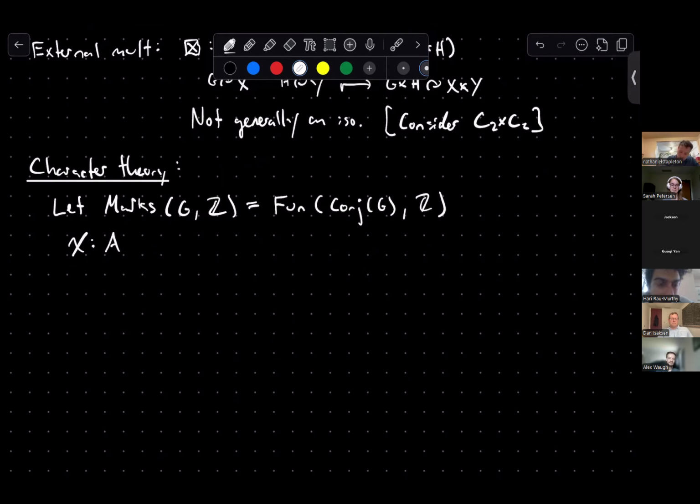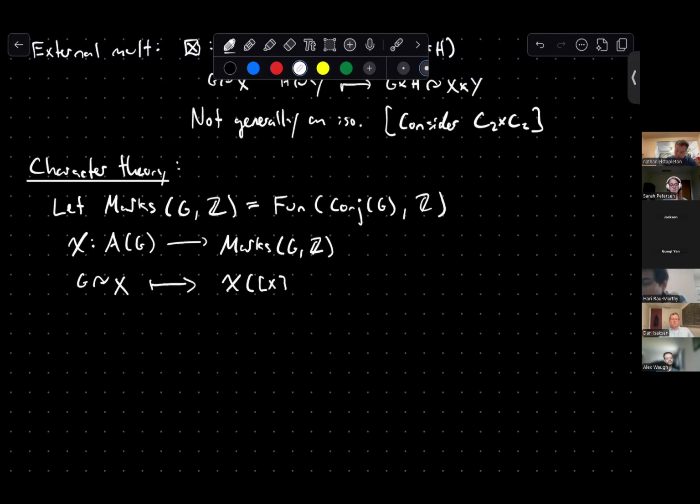So what does the character map do? It goes from the Burnside ring of G to this ring of marks, and it does a very simple thing. If I have some G-set X, it goes to chi of X, and I evaluate this on some conjugacy class of subgroups H in G, and I need to get out an integer.